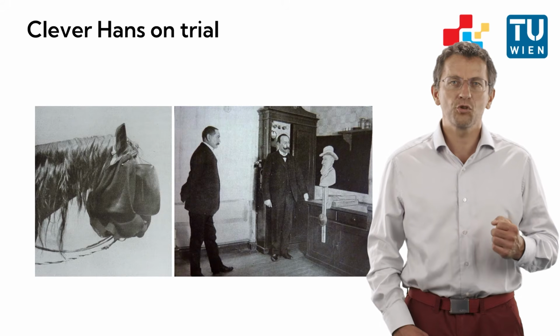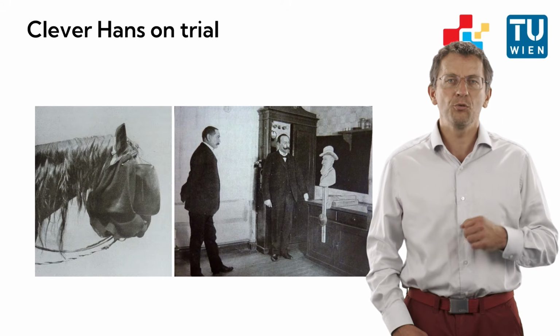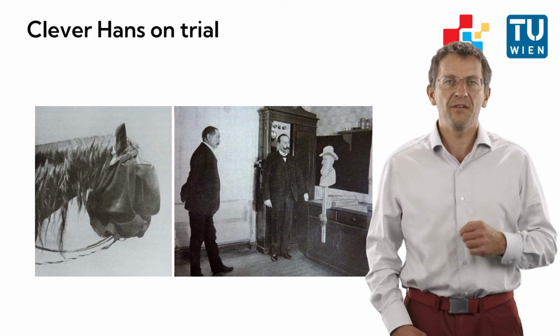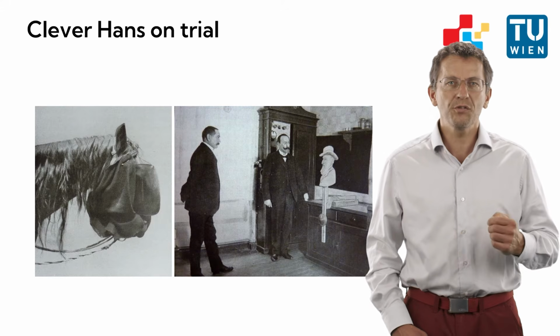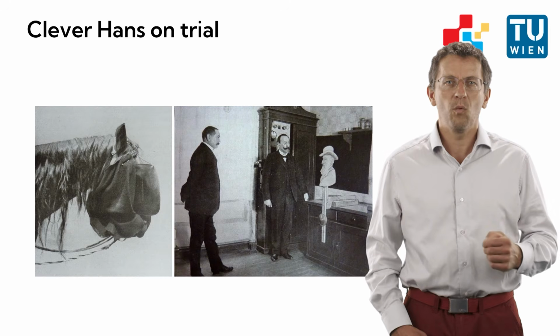He designed controlled tests, isolating horse and questioner from spectators, using different questioners, applying blinders to limit Hans' view, and varying whether the questioner even knew the answer. Pfungst also tested the ideas himself, playing the role of the horse while volunteers asked him questions.